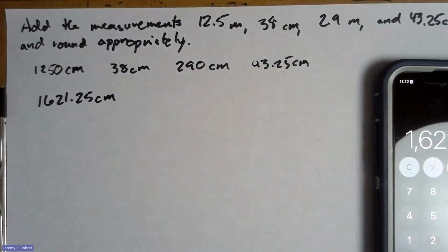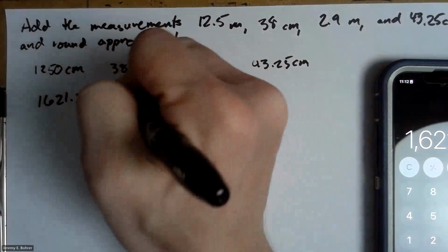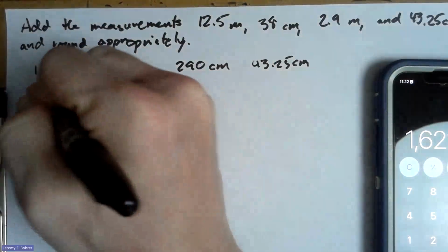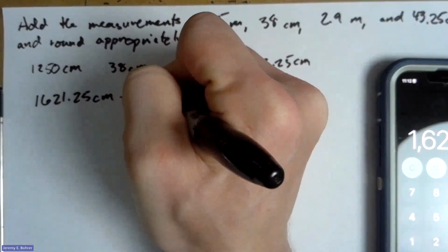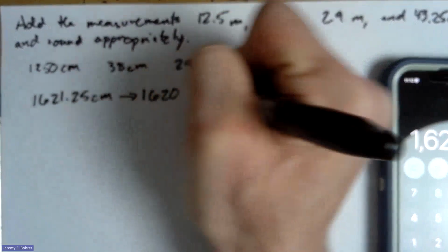And then we need to round this to the nearest 10 centimeters, which is the same as the nearest 10th of a meter. So I'll round it to 1,620 cm, or 16.2 meters.